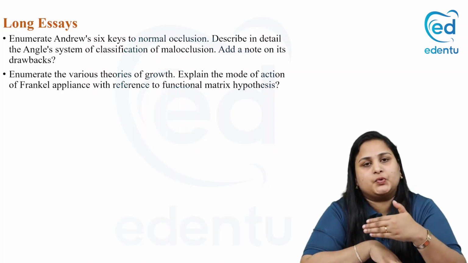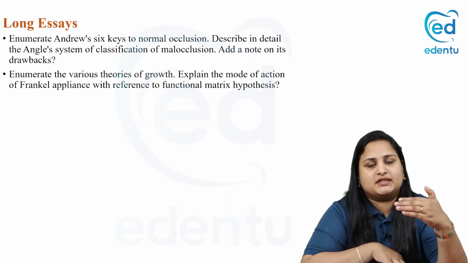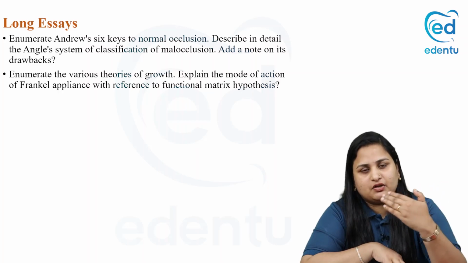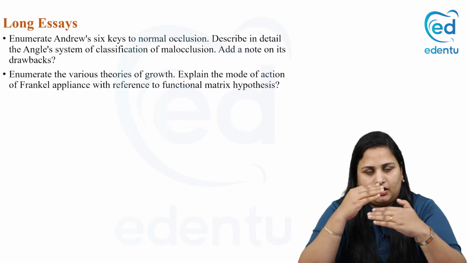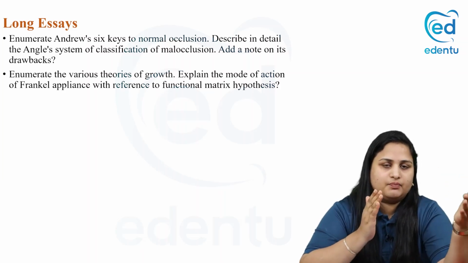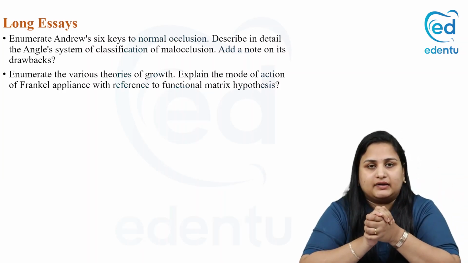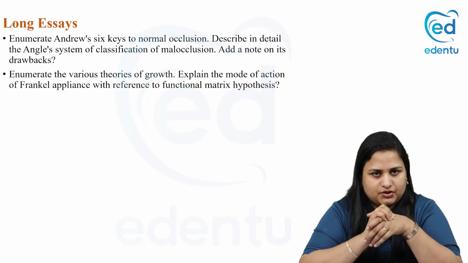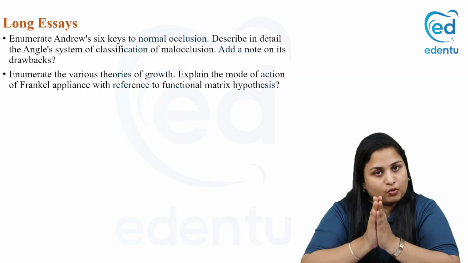Especially class 2 has 2 subdivisions, class 2 division 1 and class 2 division 2, and there are combinations, like having normal occlusion on one side and class 1, so how to put it under Angle's classification. A brief note on those points would fetch you enough and more marks and save you more time.